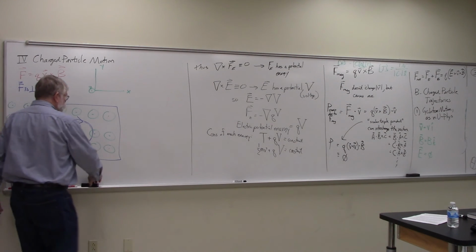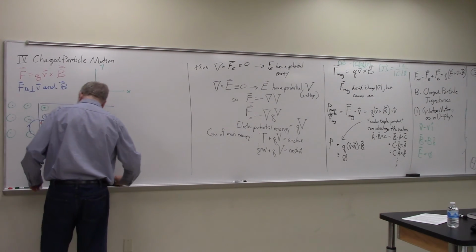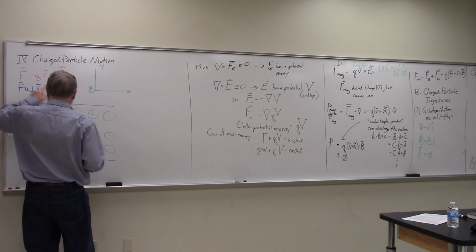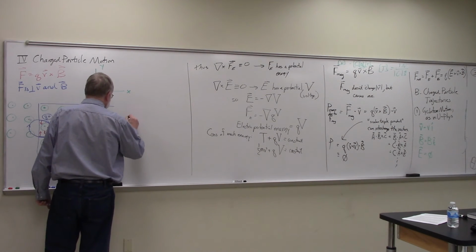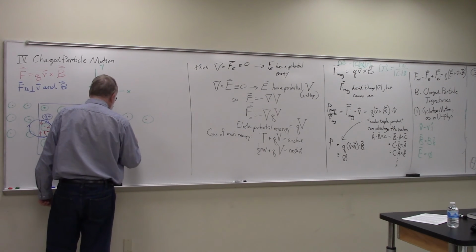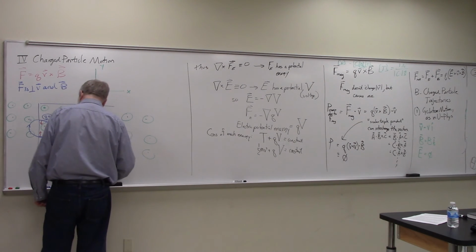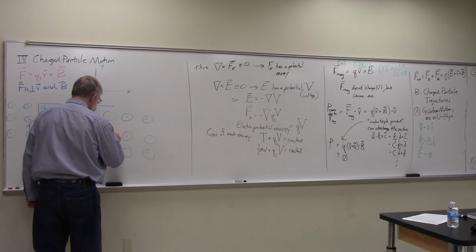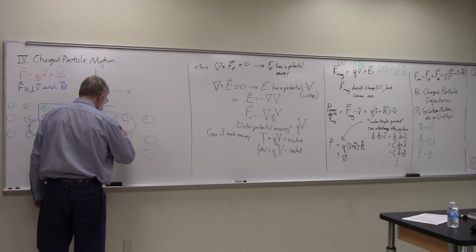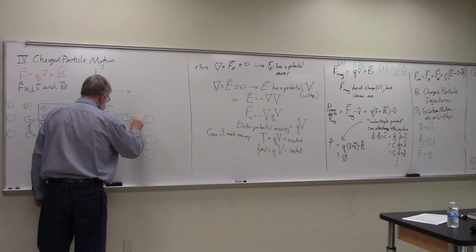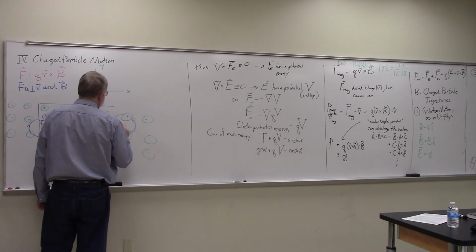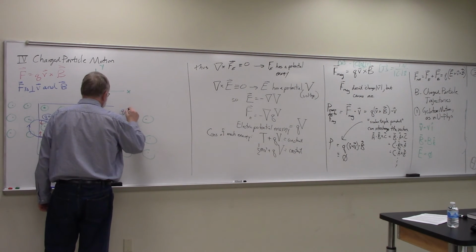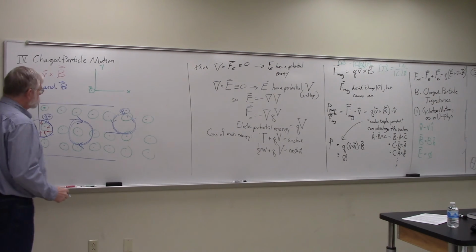What if Q were negative? Well, that changes the sign of Q, which changes the sign of the force. So if I had a negative particle that I was able to shoot in and then turn the B field on, it would circulate in the opposite direction. The negative charge.